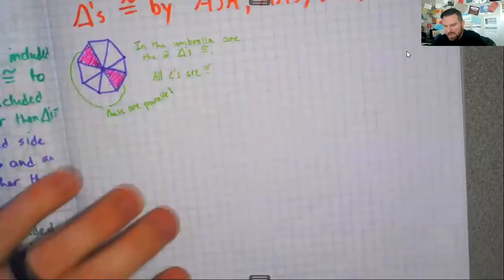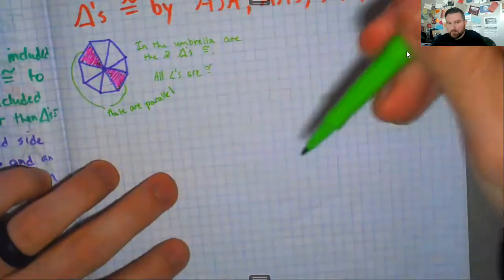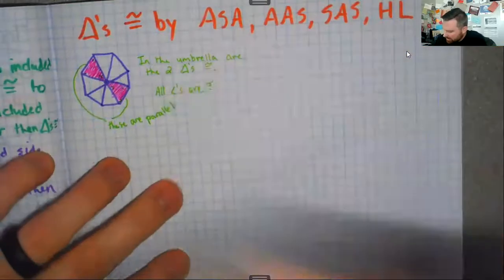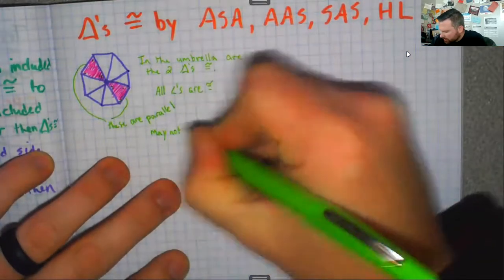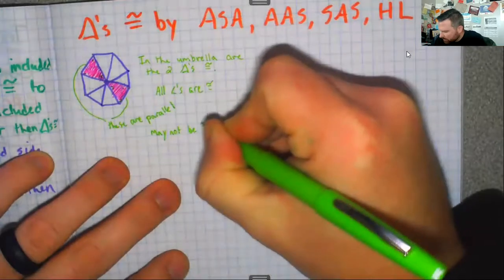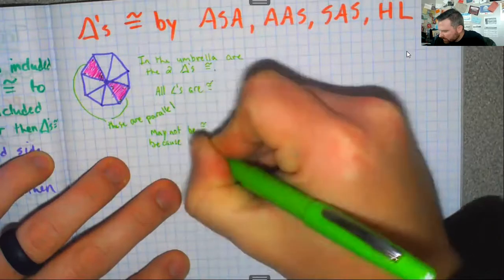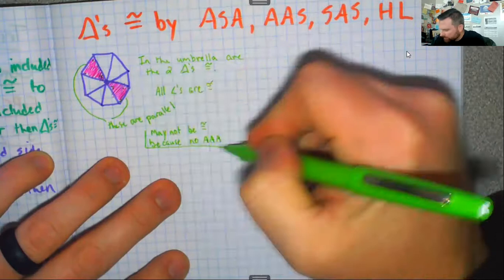So I cannot tell if they are congruent. Okay, they might be. I can't say they're not congruent. So these may not be congruent because there's no AAA.